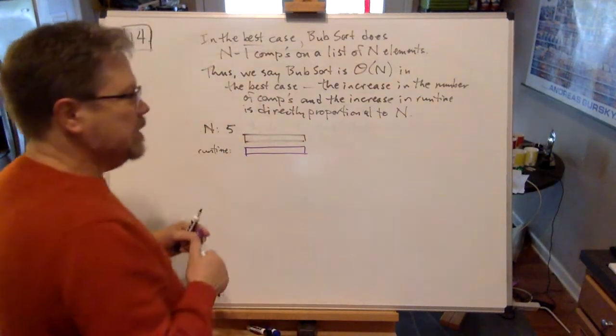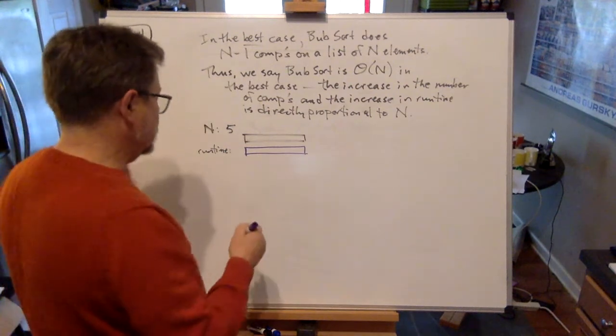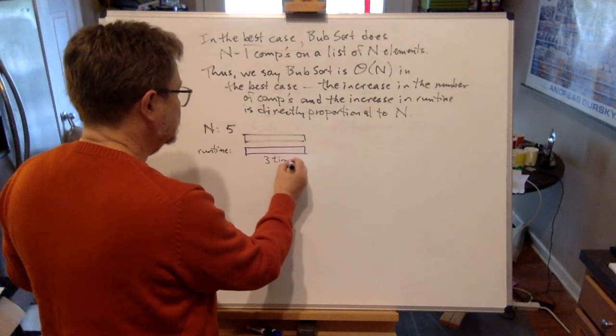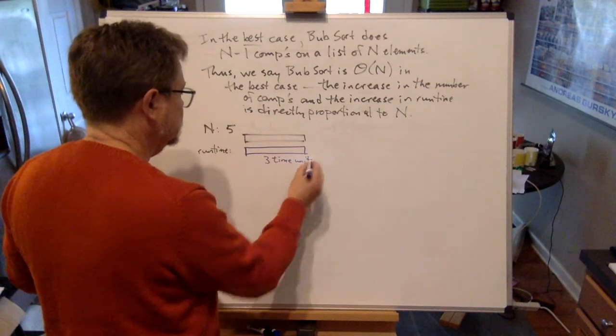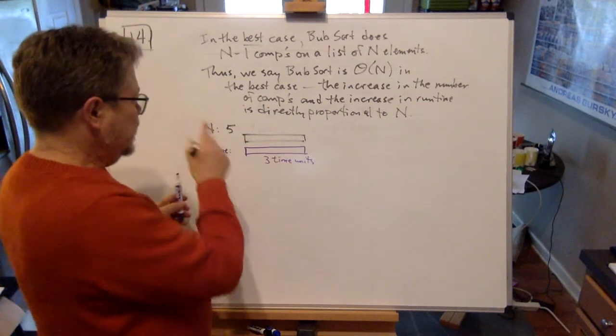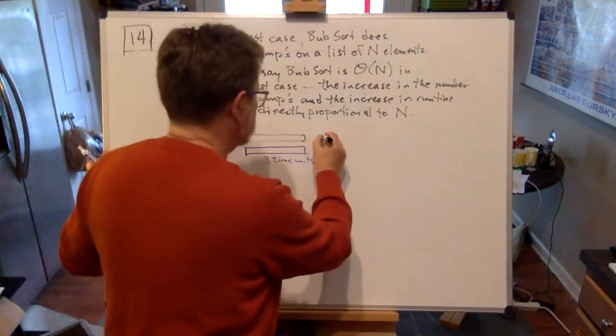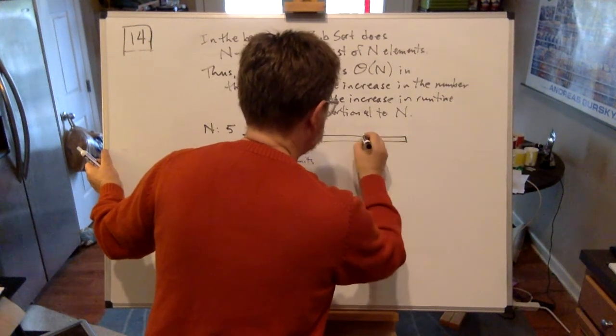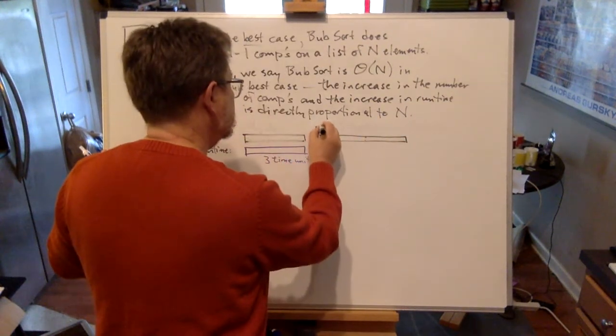Maybe, whatever the time unit is, microseconds, milliseconds, whatever, it takes 3 time units. Order n says, if we increase n, let's say we double it, if n is 10.